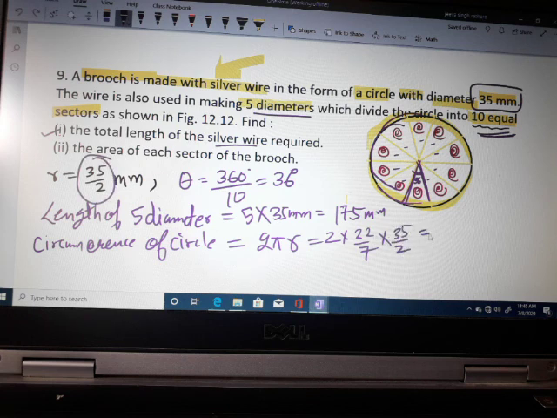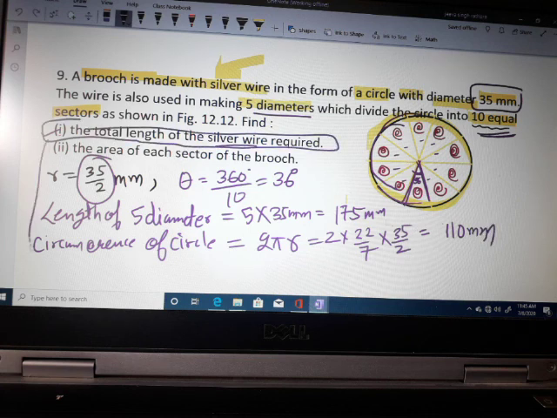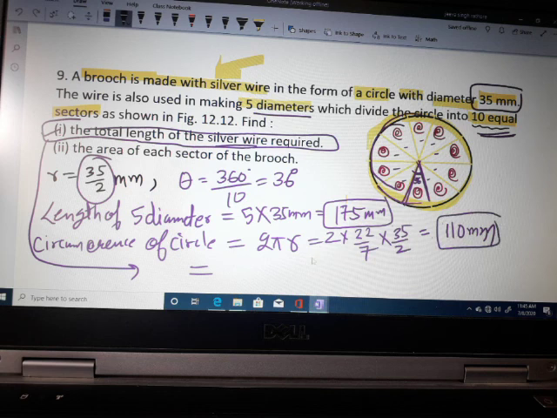You can easily solve, and after solving that you will get 110 mm. The total length of silver wire required equals the sum of these two, 175 mm plus 110 mm. After adding, you will get the final answer 285 mm. This is the answer of first.